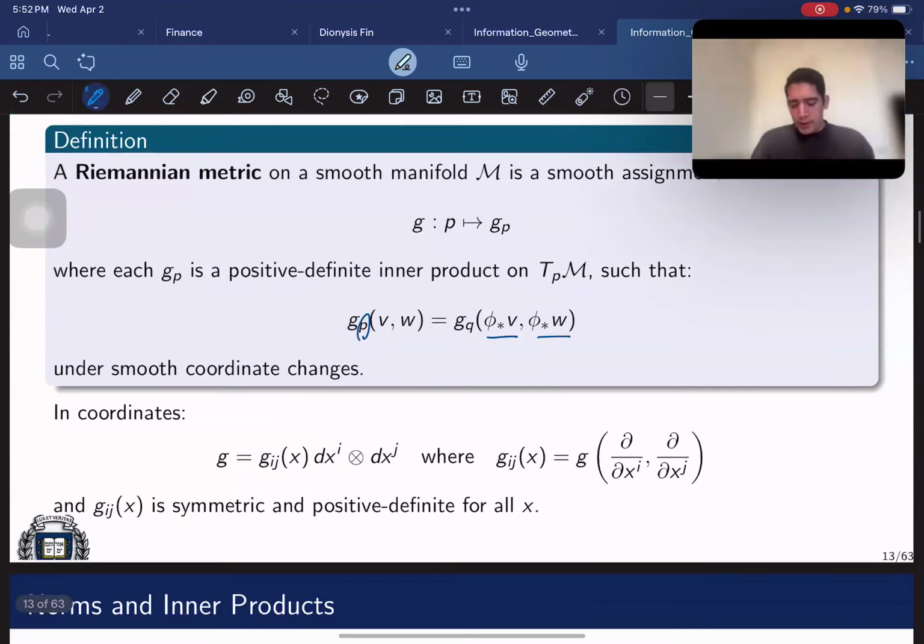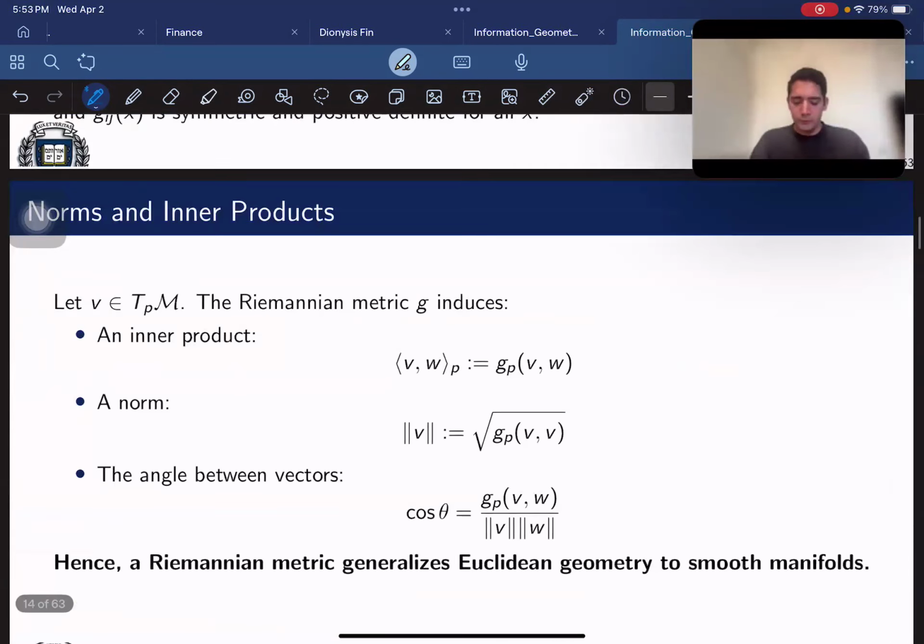Essentially, because we have n by n vectors, the Riemannian metric is given by an n by n matrix. Until here we discussed essentially what we discussed in the first session. Now, with this generalization of inner product, we are able to define the norm of a vector and also the angle between two vectors.